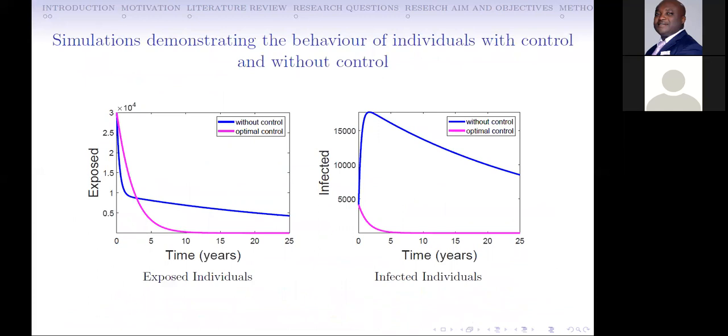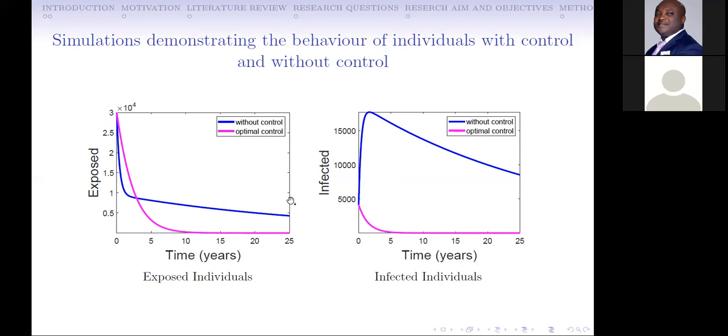The simulation: these are the numerical results from the optimal control. We have a simulation here demonstrating the behavior of individuals with control and without control. As we can observe from this figure, without control there is endemicity, and with control there is disease elimination.